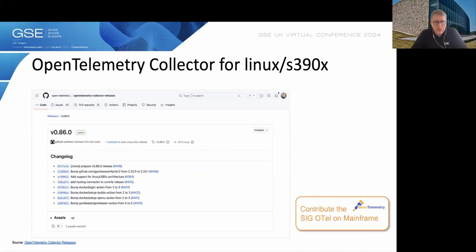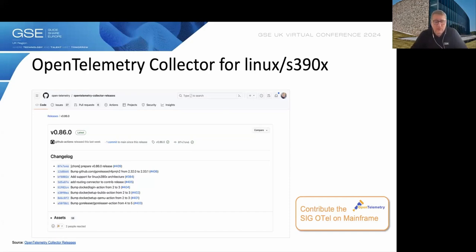We have the OpenTelemetry collector available for Linux on S390X as a platform. So you can run it on Linux on IBM Z. You can go to the OpenTelemetry website and download it. Nevertheless, we would also like to see continued contribution towards the open source community with the SIG that we have been mentioning.